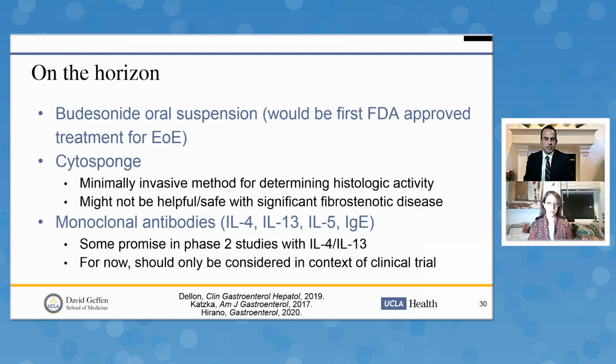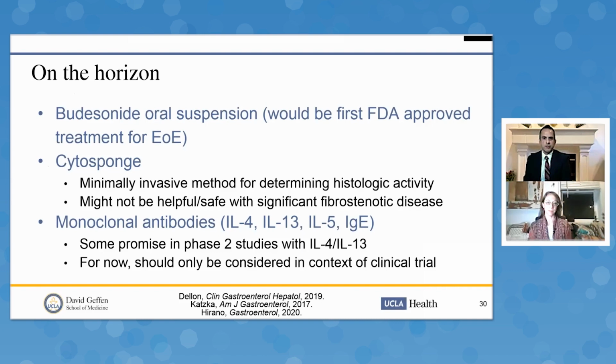In terms of diagnostic means, there is the cytosponge, which has been looked at for assessing for Barrett's esophagus as a screening tool. This has been looked at in EoE, and it does seem to correlate fairly well in terms of eosinophil counts and degree of inflammation. However, there might be some limitations with this, particularly in patients who have significant fibrostenotic disease for assessing remission rate.